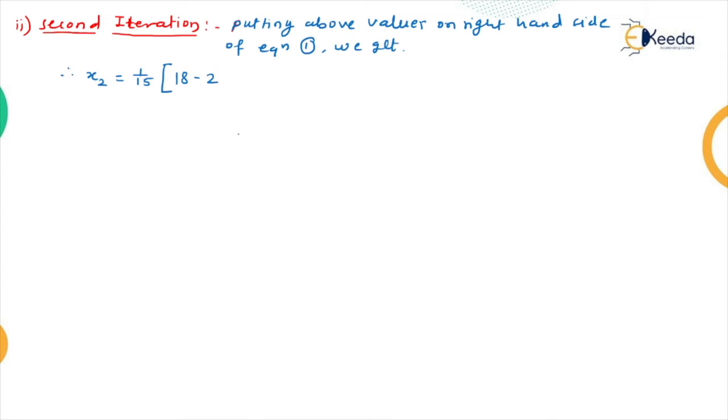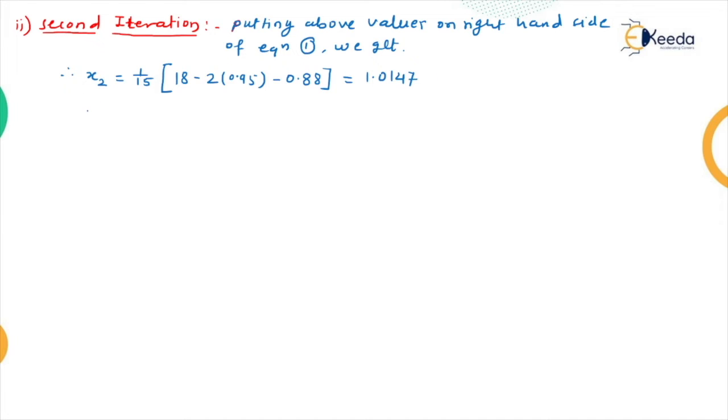So this will be 2 into 0.95, the y1 value, minus the recent value of z, which is 0.88. Now the bracket is complete and we get x2 as 1.0147. This is the value for x2.